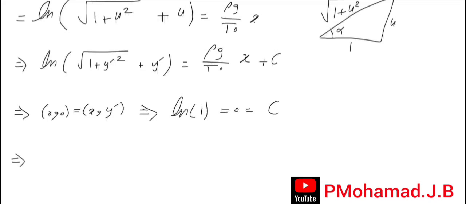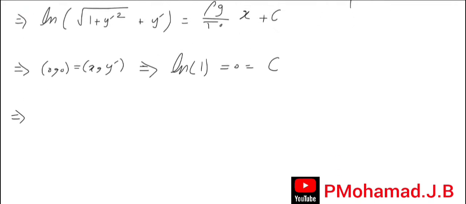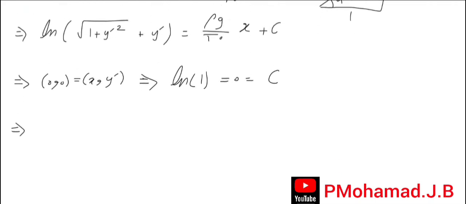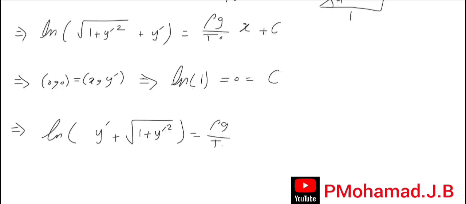So till here, our differential equation has been updated to this: ln of y prime plus radical 1 plus y prime squared is rho g divided by t0 x.